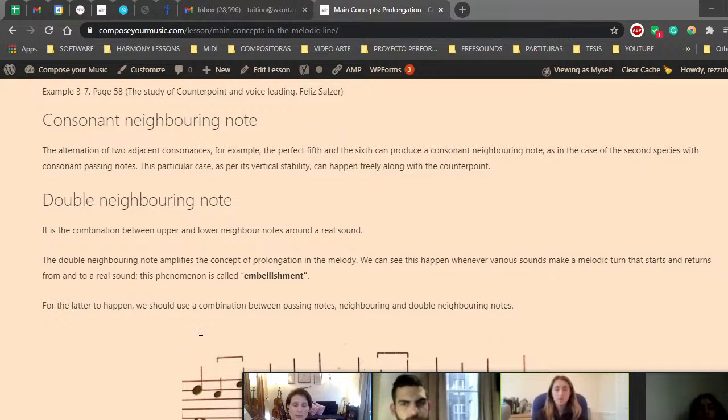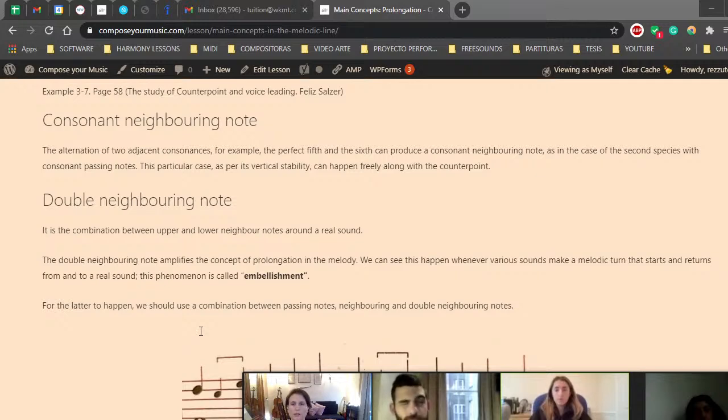Because it's a real sound. If it's a dissonance, we have to see why we want to create so many dissonances in the discourse. It's not risky to have a consonant neighboring note.